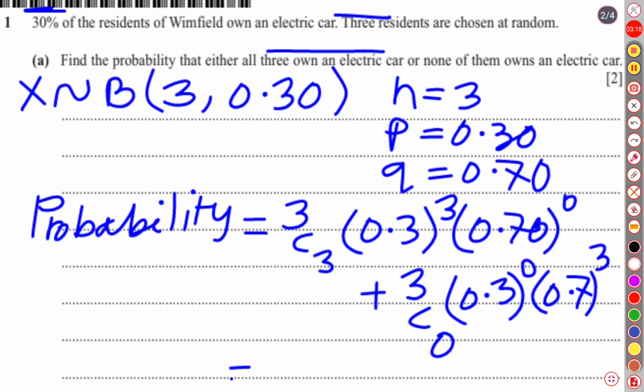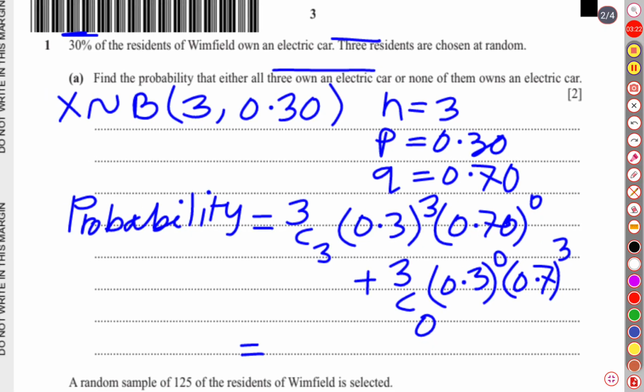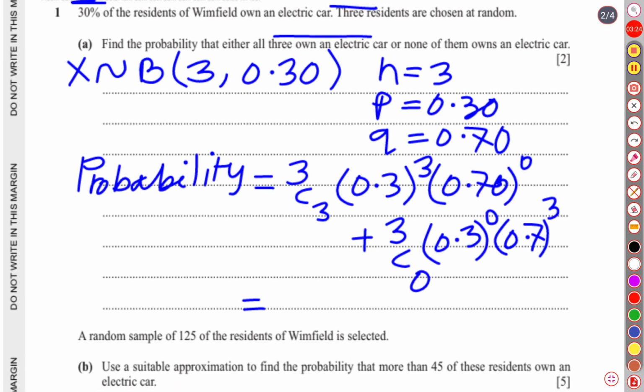Then if we simplify this, 3 choose 3: if we select 3 people out of 3, it's nothing but 1. So 1 into 0.3, how many times? 3 times.